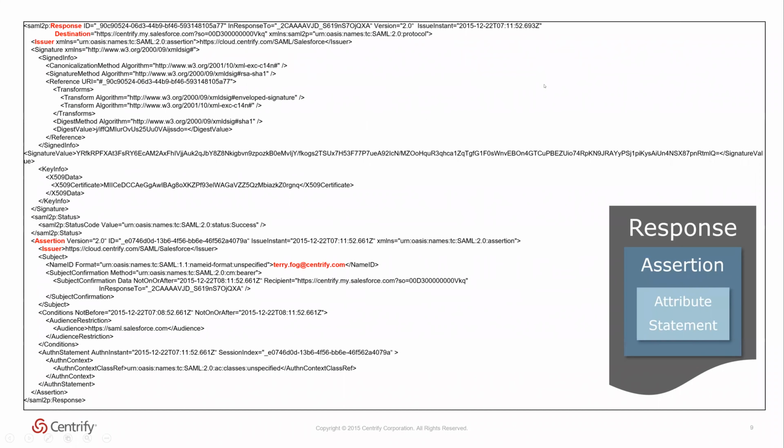So let's take a look at it. Don't be intimidated by this. This is what the message looks like. In this case, why is it called SAML response, right? Like I said earlier, it is an XML document. That's why the structure has the pointy arrows.